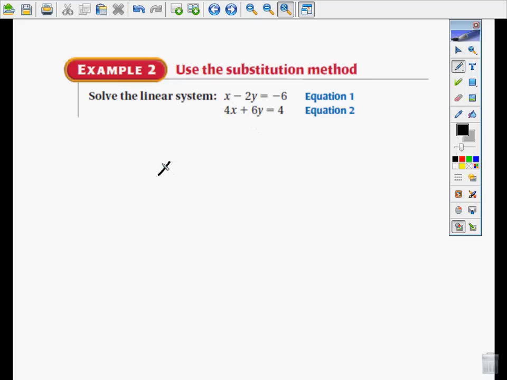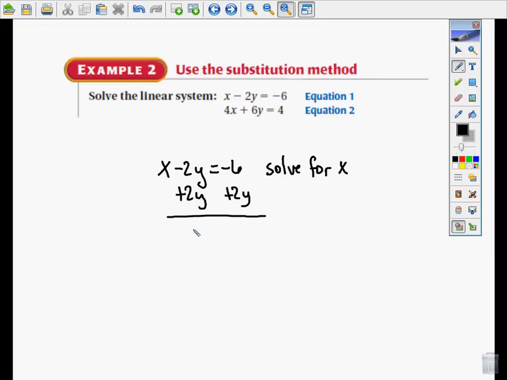So I'm going to take the equation x minus 2y equals negative 6, and I'm going to solve this one for x, for no other reason than I think it's going to be the easiest one to solve for. So if I solve this for x, all I have to do is add the 2y to both sides. So I get x equals 2y minus 6. And this is the one I revised, so that's the one I'm going to circle.